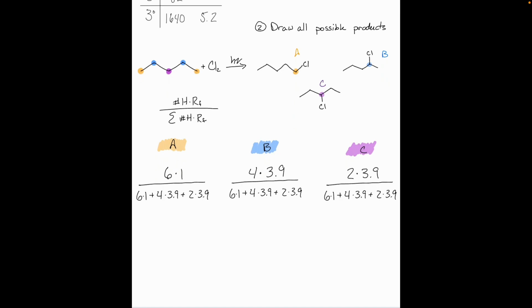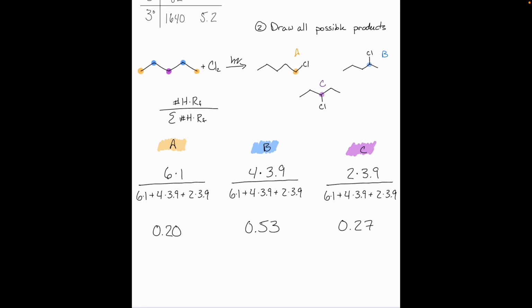What I would find is that for group A, it's 0.20. For group B, it's 0.53. And for group C, it's 0.27.